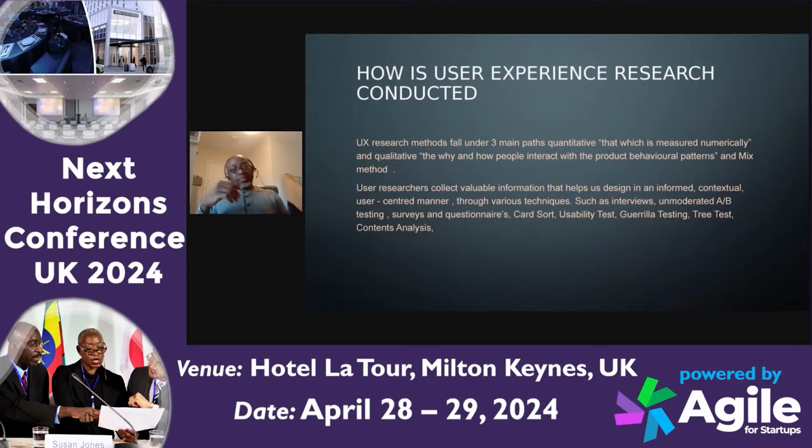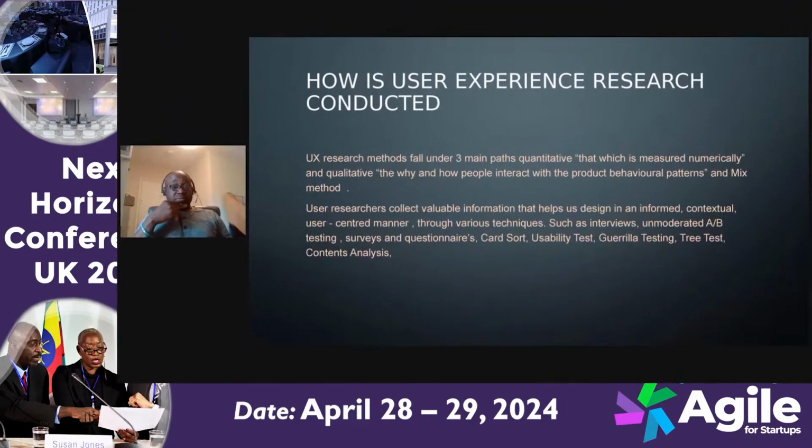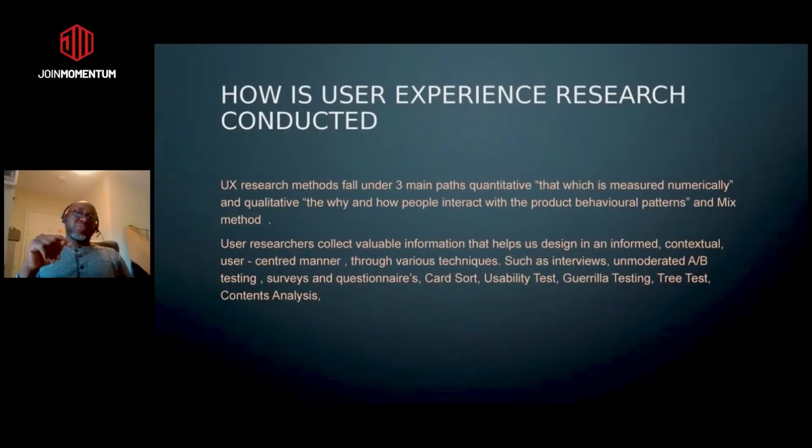How is user experience research conducted? Methods fall under three main parts. The last presentation I did, I said it fell under two parts. However, user experience is a growing field. Before, you would hear it falls under quantitative or qualitative.